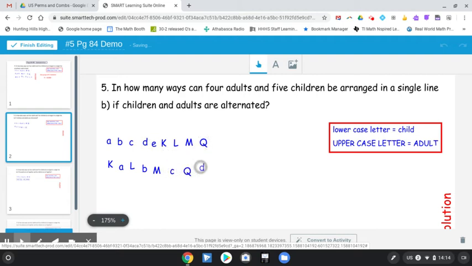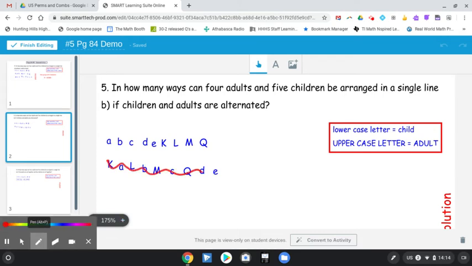You guys are probably already a step ahead of me in realizing, oh, that's not going to work. We have more children than we do adults. So in order to alternate them, we would have to start with a child. The idea that I have right here didn't work. I wasn't able to alternate. So now I realize, oh, I'd have to start with a child.